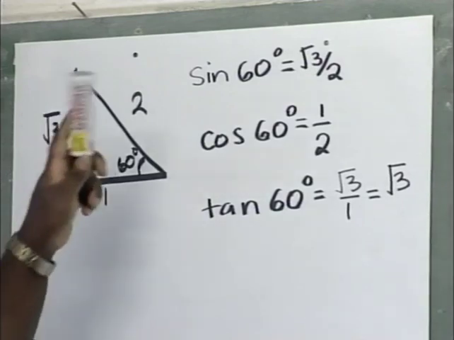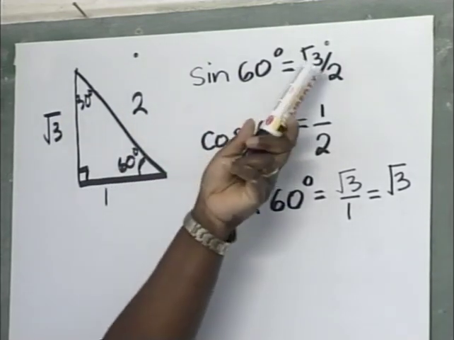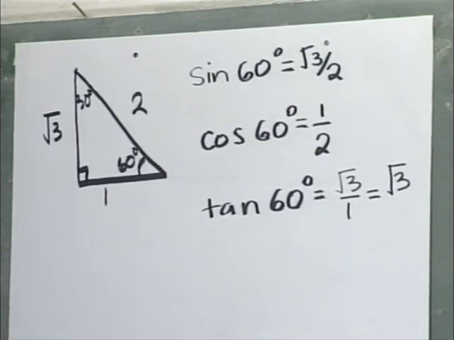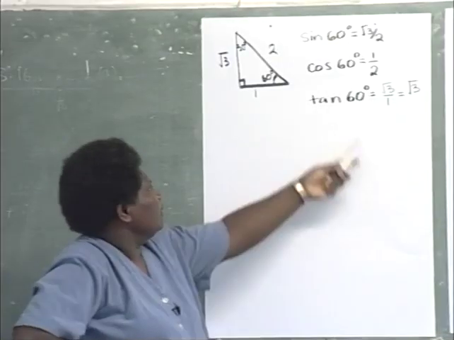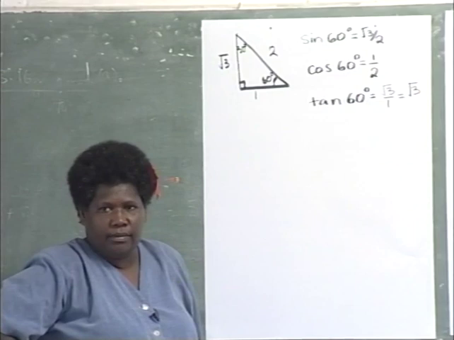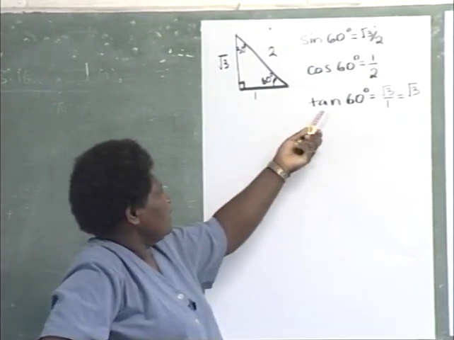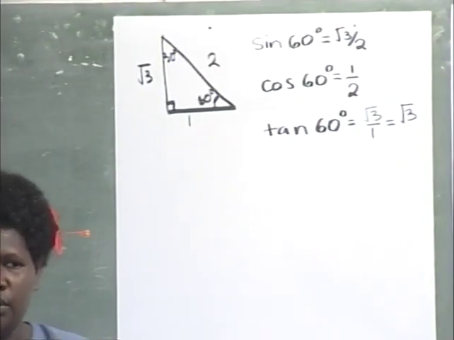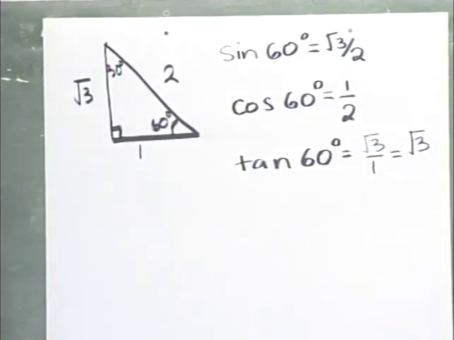So root 3 on 2 is the exact trig ratio for sine of 60 degrees. Cos 60, if you press your calculator, will give you 0.5. And tan 60 degrees will give you 1.732, which is the square root of 3.